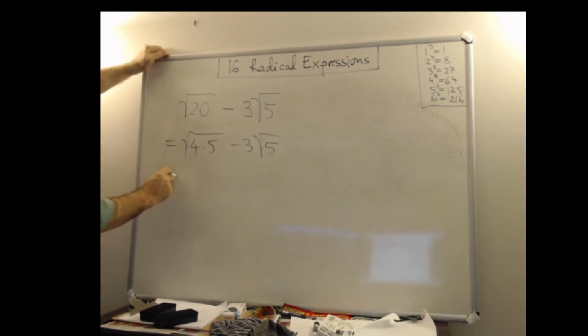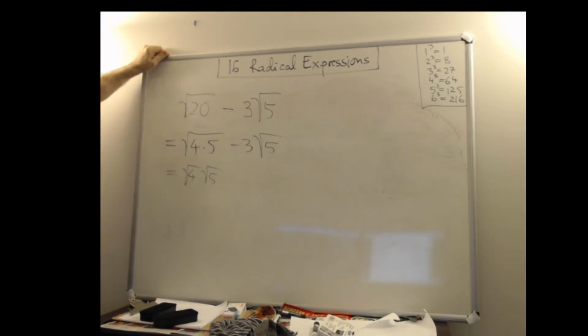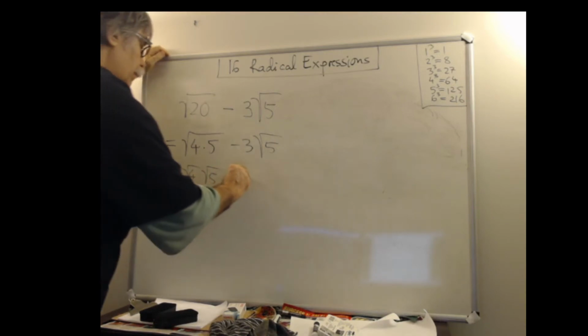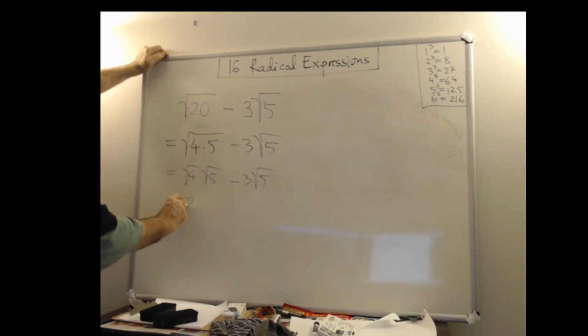And then you can split. There is a property that says factor, factor, factor, factor. So instead of having a radical of a product, I have a product of radicals, which is okay, right? That was property number 2. And what we have now, this is 2.